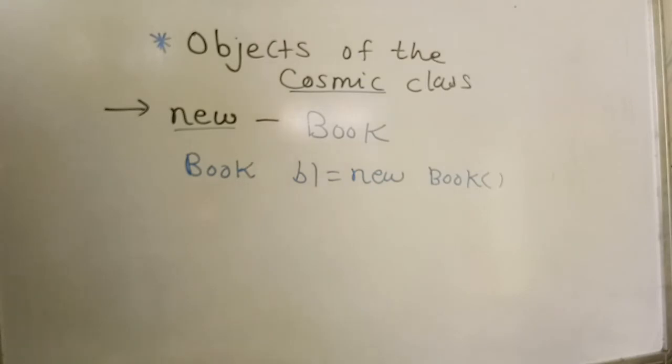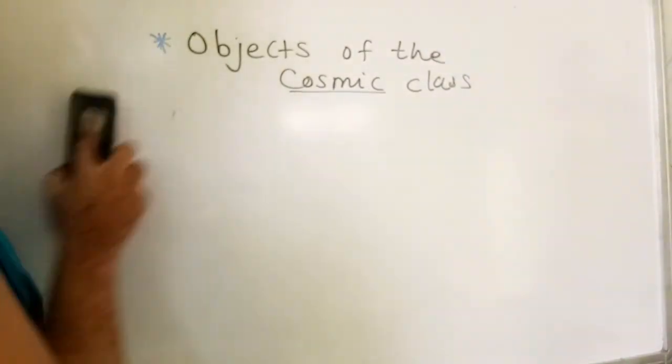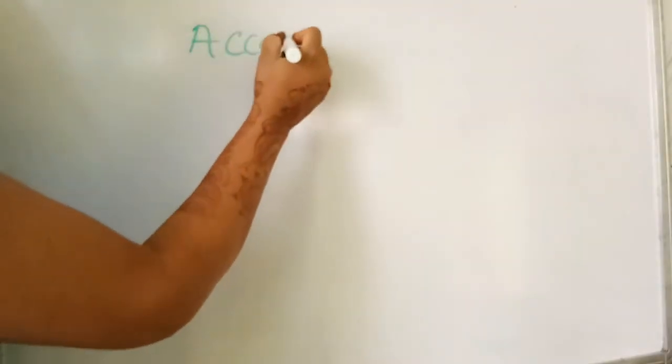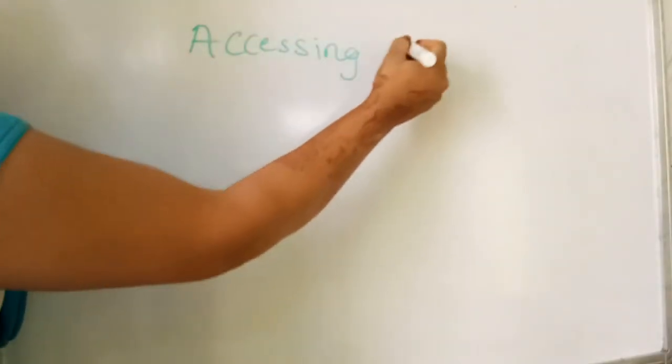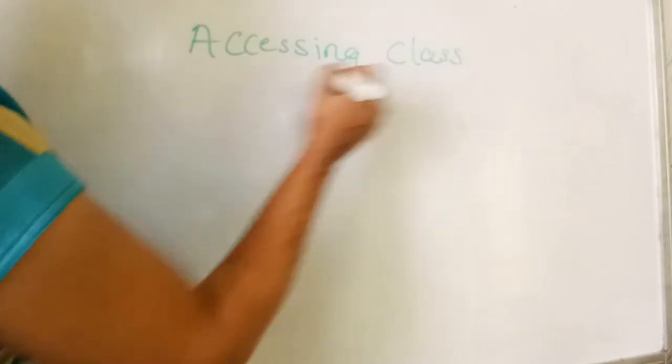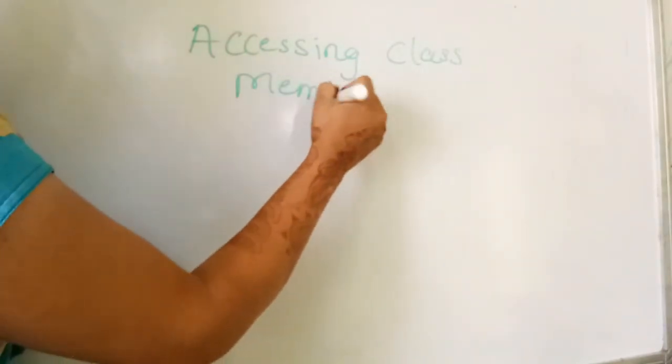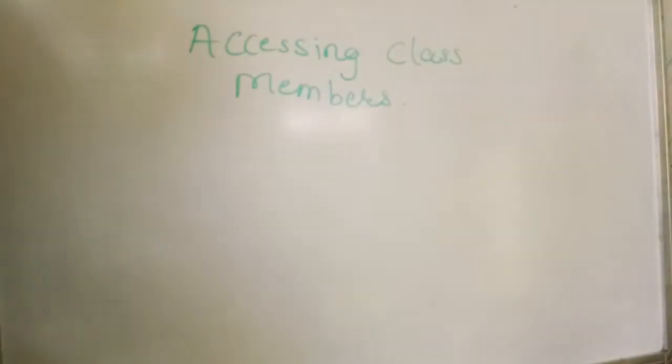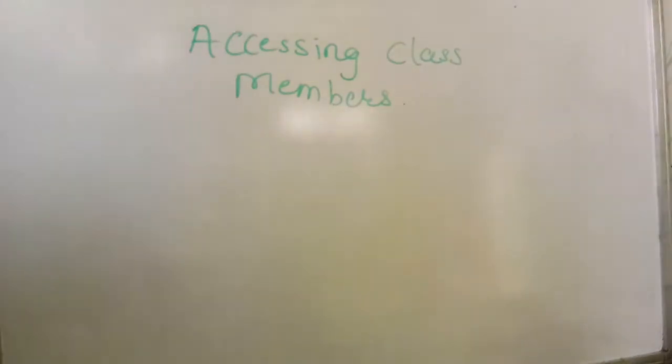Continuing with the next topic, we will take another mechanism of Java, accessing class members. We can assign values to the instance variables using the dot operator.